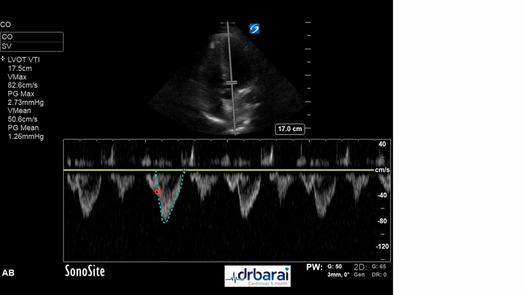In this patient, we did only one tracing and the machine gave the number 17.5 centimeter. What it means is that when the left ventricle is contracting, the blood flows through the aortic valve for 17.5 centimeter, which is almost normal. The normal value is 18 to 22 centimeter.